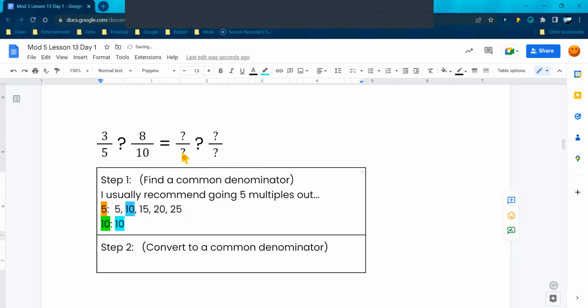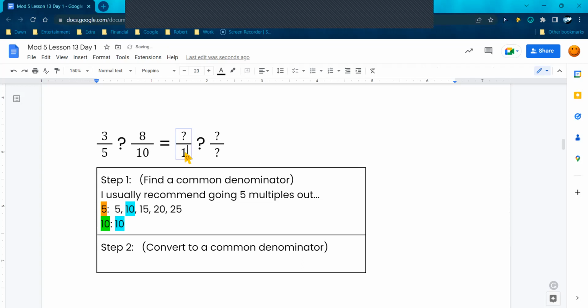So right up here next to the equal sign on the right-hand side, I'm going to quick put my common denominator, which is 10, in the denominators, in both of them. And because we have 8/10 already, I'm going to jump up into the numerator of the last fraction and write my 8, which means I only have to convert one fraction to get my common denominator, and that's my 3/5.